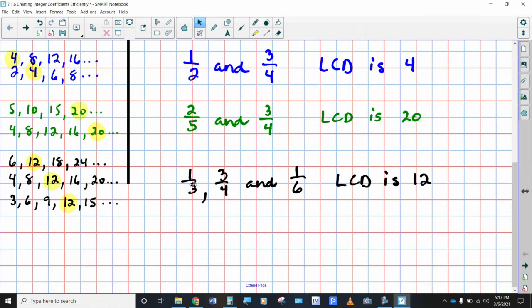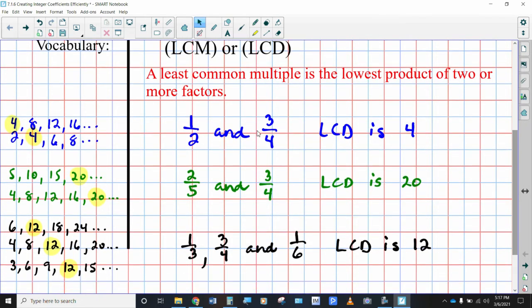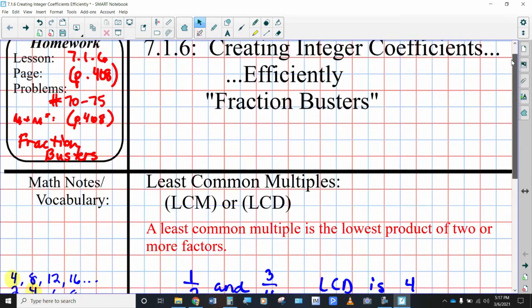This one would become, what is that, 4 over 12? This would become 9 over 12, and this one would become 2 over 12. And now you've got all of them as the same denominator. Equivalent fractions, but now with the same denominator instead of different denominators. So this idea of looking for the least common multiple of the denominators, or the least common denominator, is an essential part of fraction busters.